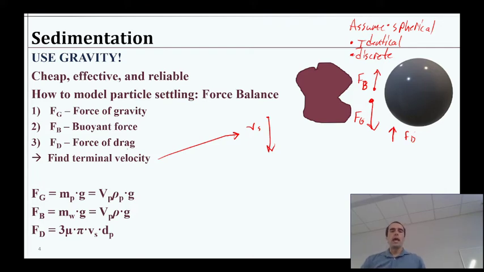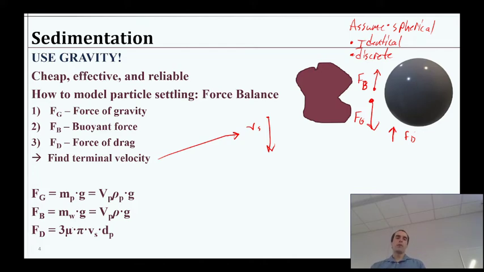So here we have force of gravity as mass times acceleration, so the mass of the particle. I have all of these terms written out more elaborately on the next slide, so I'm just going to talk it through, and then you'll have all the information posted. So mass of the particle times the gravity. For the buoyant force, we have mass of the water displaced times the acceleration due to gravity.